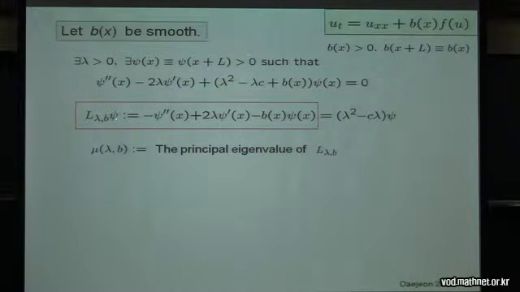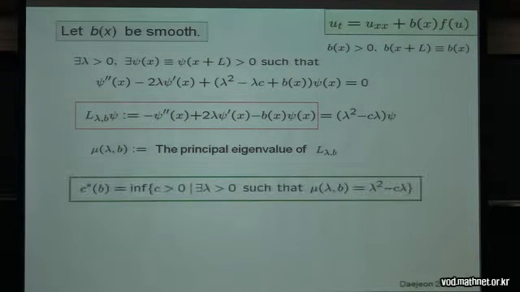So this means that lambda squared minus c lambda is the principal eigenvalue of this second order equation. So if we denote by mu of lambda b the principal eigenvalue of L lambda b, then it looks like the minimal wave speed is given in this form.